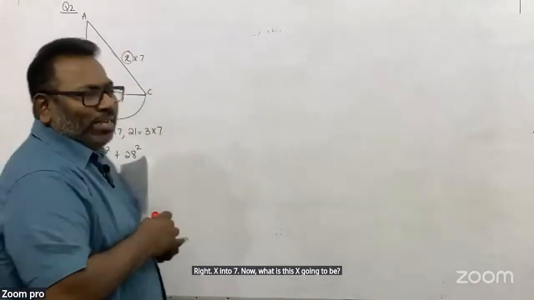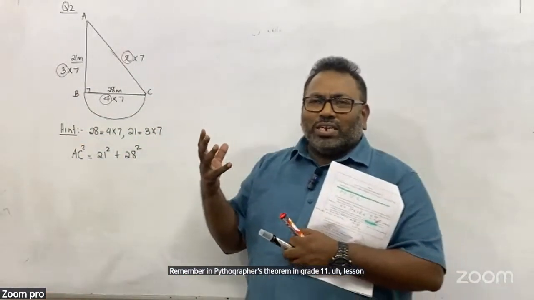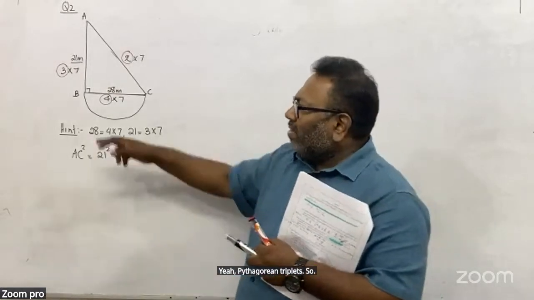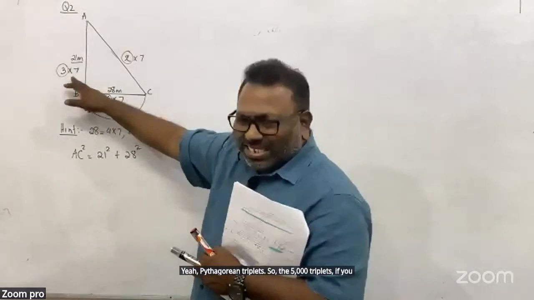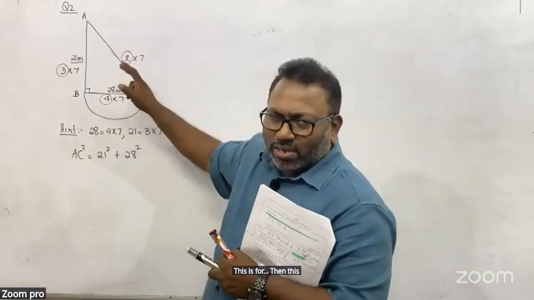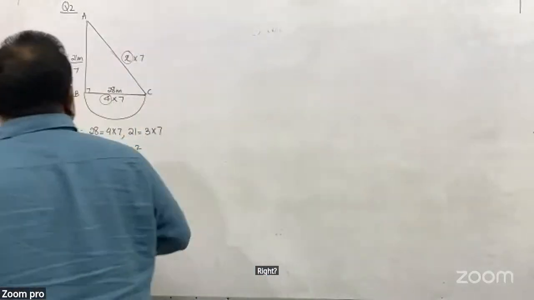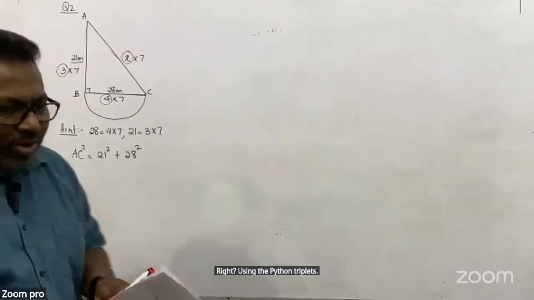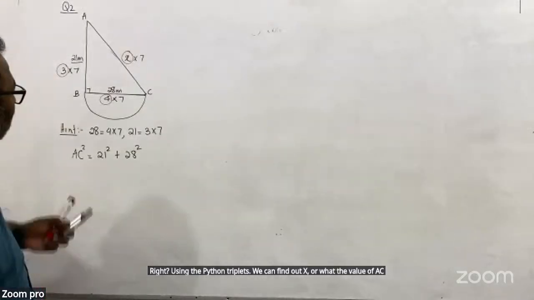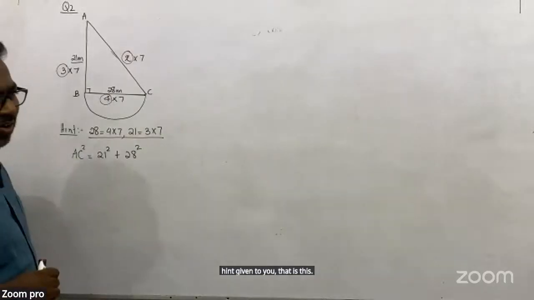Remember in the Pythagoras theorem lesson in grade 11, we learned something called the Pythagorean triplets. If you can see, if this is 3 and this is 4, then this has to be how much? 5. Using the Pythagorean triplets and the hint given to you, we can find out the AC length.